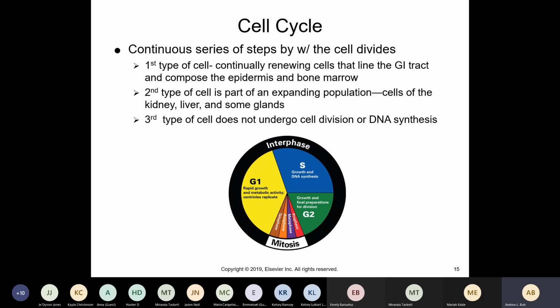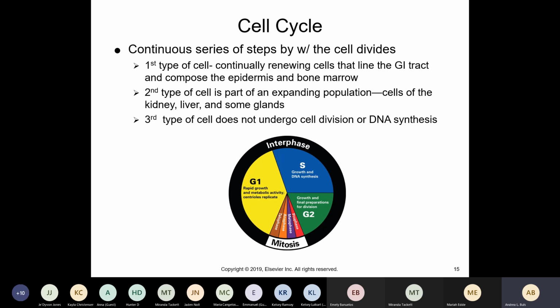But when we talk about the cell cycle, we're not just talking about mitosis. Mitosis is just a piece of that pie. The cell cycle is the G1, S, and G2 phase, and then that little piece of the pie is mitosis. The G1, S, and G2 phases are all referred to as interphase.